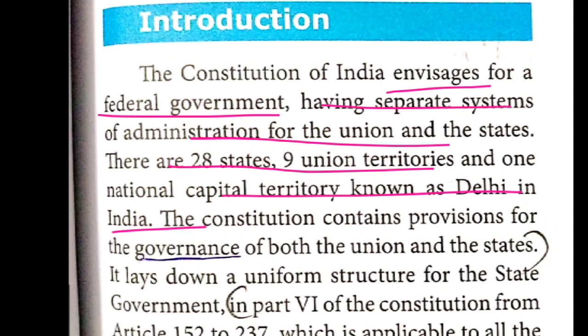Next, the Constitution contains many provisions for governance, that is, how to rule over the country. The Constitution is giving the idea to the parties, to the ruling people, about how to rule over the country.